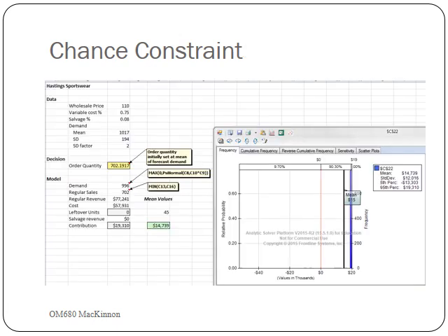So in this slide, I put the chance constraint right in the contribution cell. I didn't create a new cell for it. And it turns out that when we impose that type of constraint, as you might have guessed, whenever you add constraints, the objective value is not as optimal as it was without that constraint.